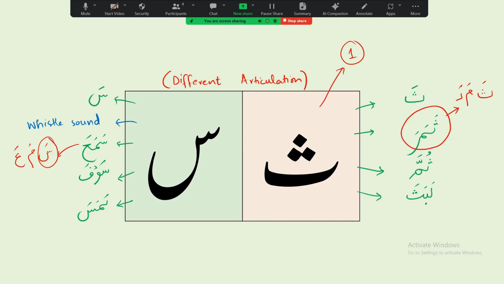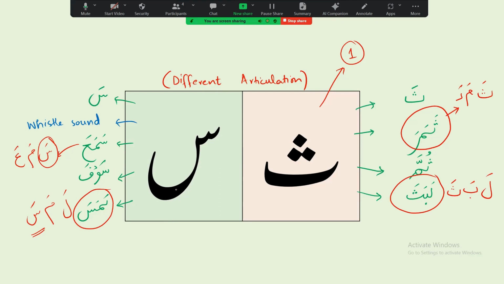Sama'a. Let's take another example, which is la, ba, and tha. Let's take this one, which is la, ma, sa with whistle in it.